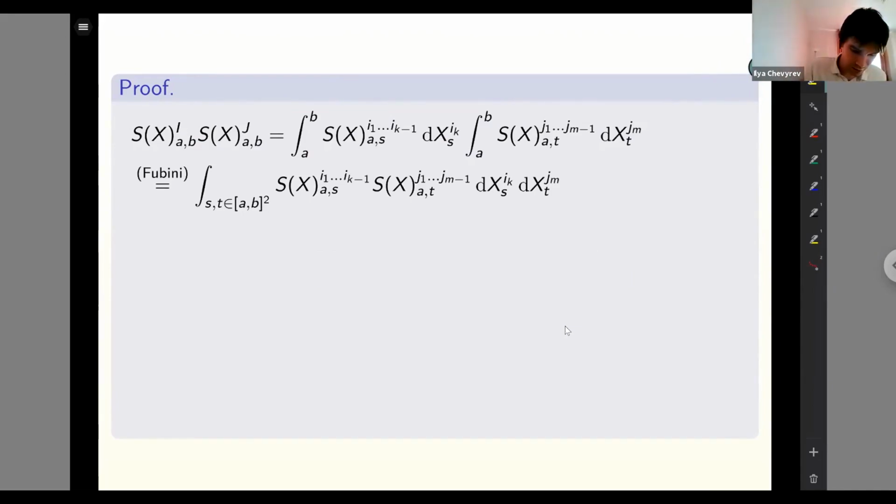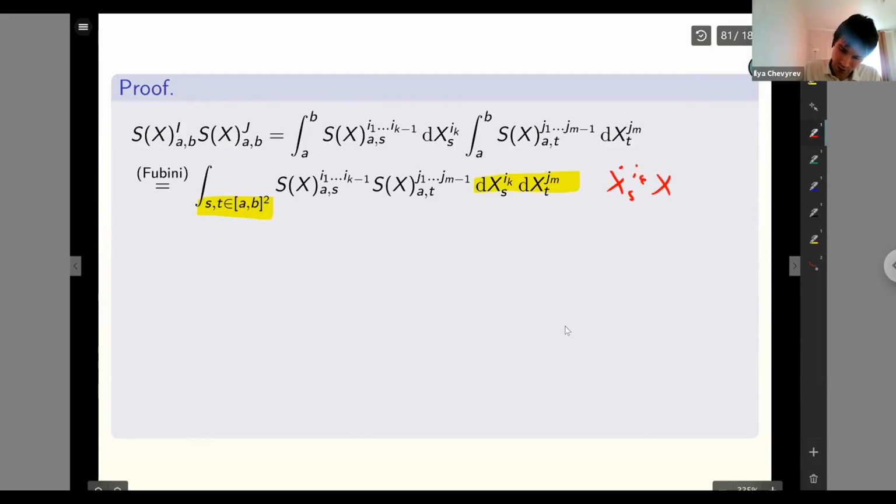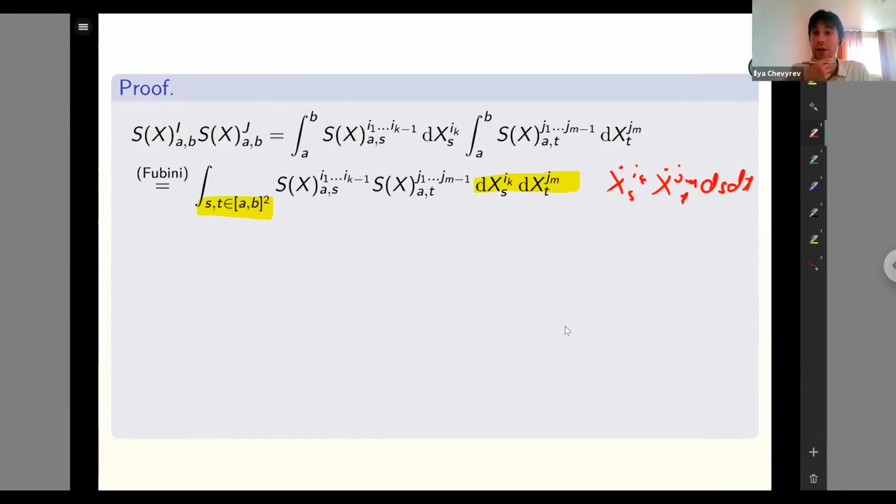Here the integration variables are s and t over the product of the interval [A, B] with itself. And this notation is nothing but x-dot i_k(s) times x-dot j_m(t) ds dt. Every time you see a dx, just formally replace it by its time derivative times dt.